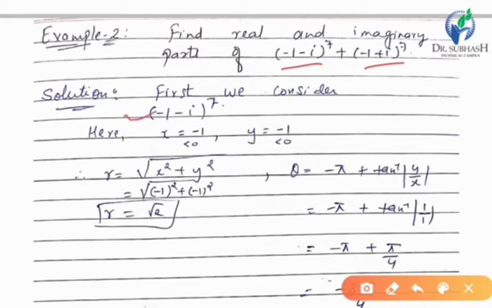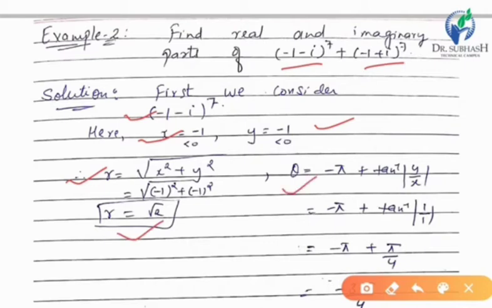Now first let us consider the term minus 1 minus i raised to 7. See, here x is minus 1, y is also minus 1. Both are less than 0. That is, we will consider the third quadrant. Let us find r. r is under root of x square plus y square. On substituting the values of x and y, we get r equal to root 2.